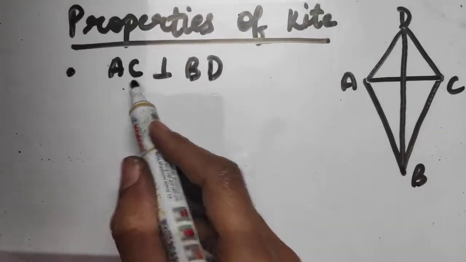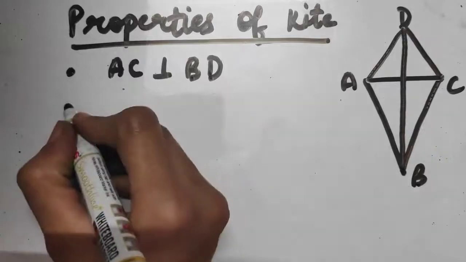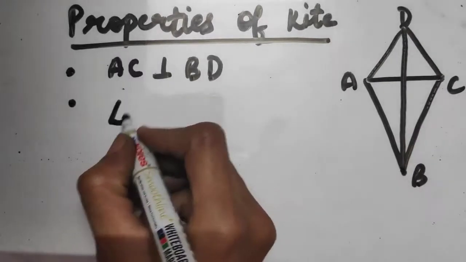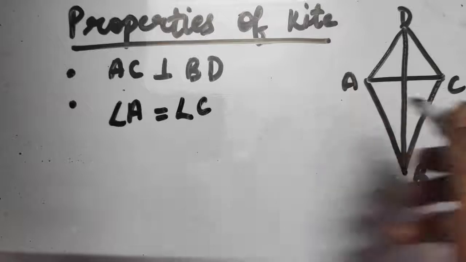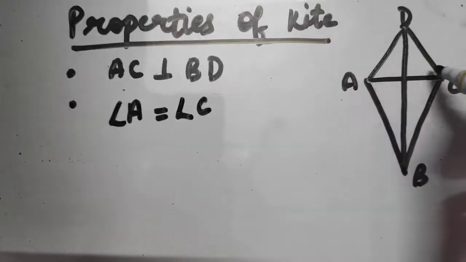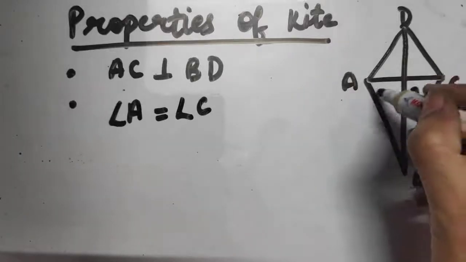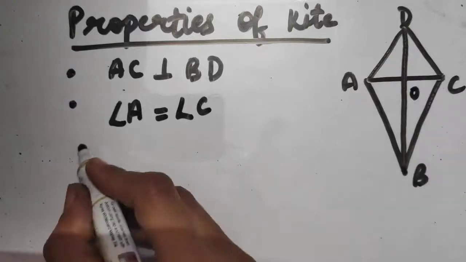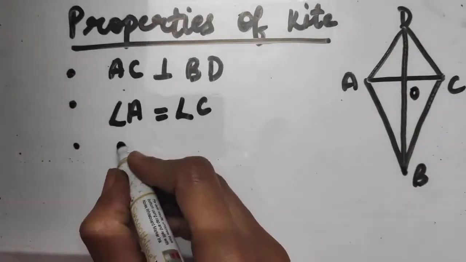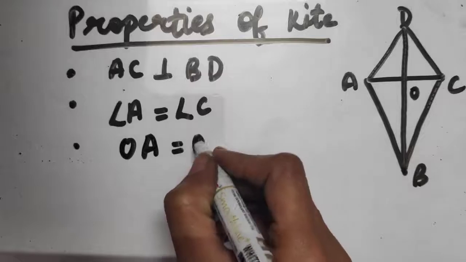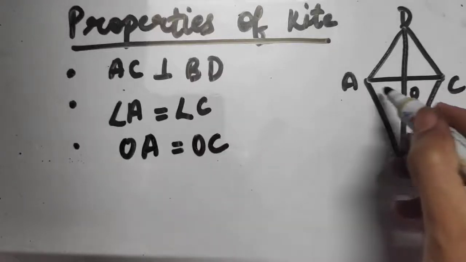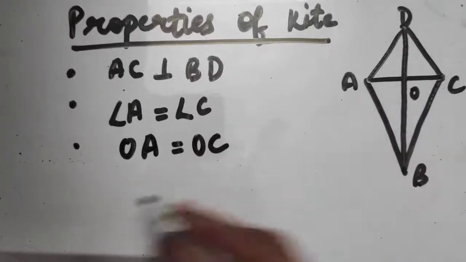So we can say AC is perpendicular to BD. The second property is angle A is equal to angle C. This complete angle A is equal to complete angle C. The third property is OA is equal to OC.